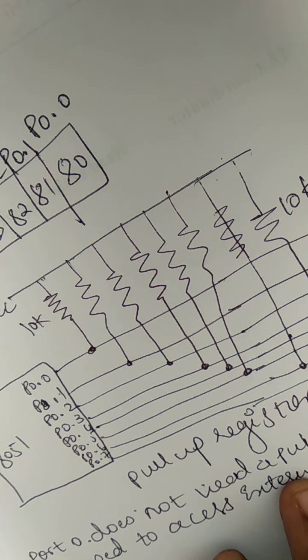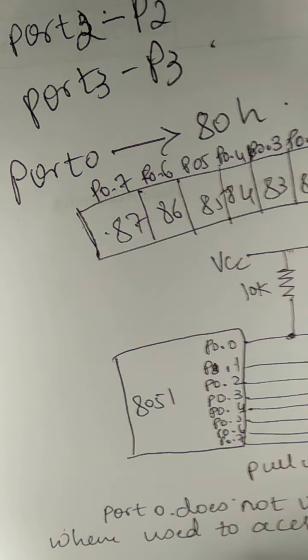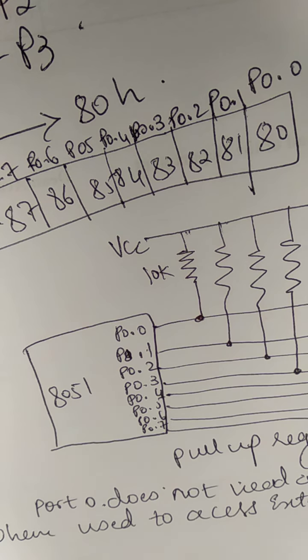So they are saying port 0, which has address 80H up to 87, has an external 10K resistor connected to each pin of the port. Port 0 does not use a pull-up resistor when it is used for external memory.